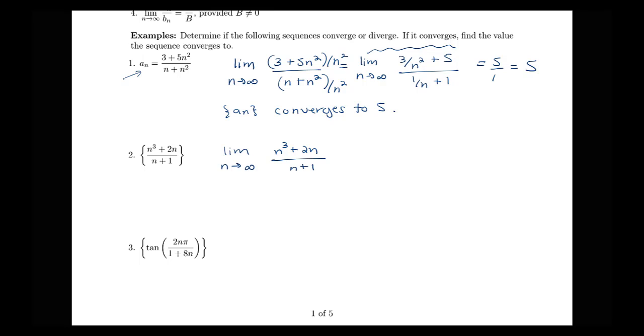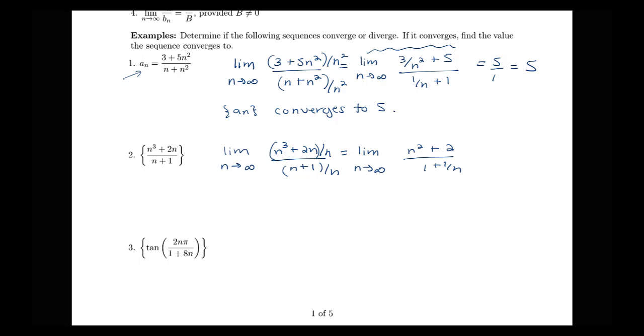So I do have a higher power of n in my numerator than in my denominator, which should mean this is going to infinity. But I'm going to go ahead and use the trick of dividing the numerator and denominator by that highest power of n that appears in the denominator. So dividing everything by n here. So I have n squared plus 2 all over 1 plus 1 over n.